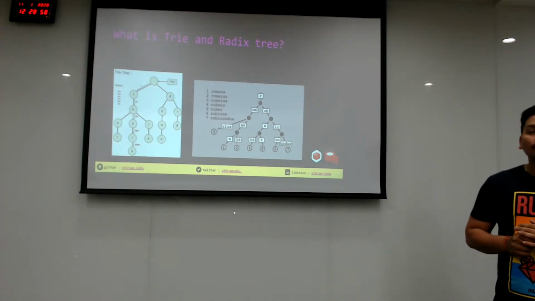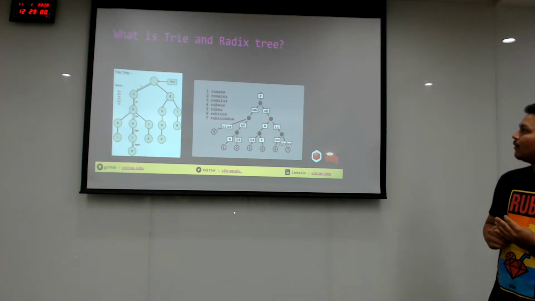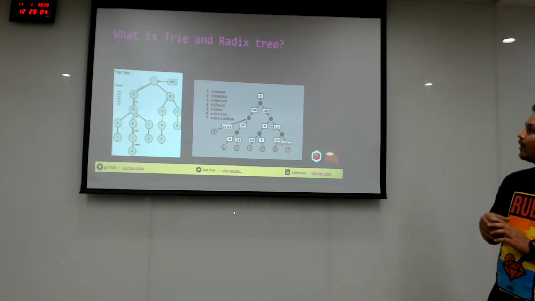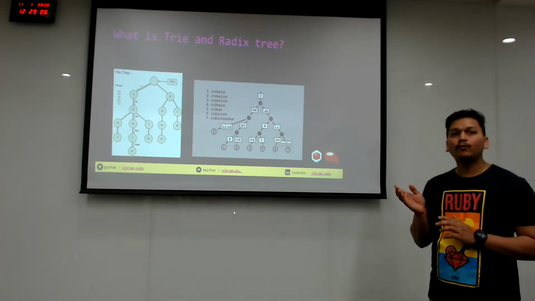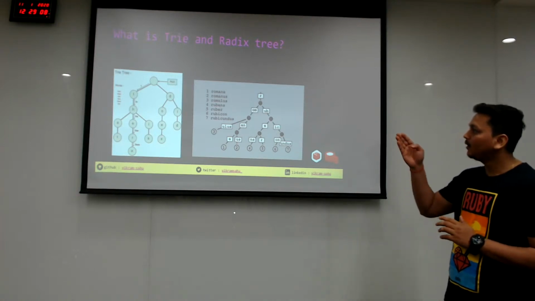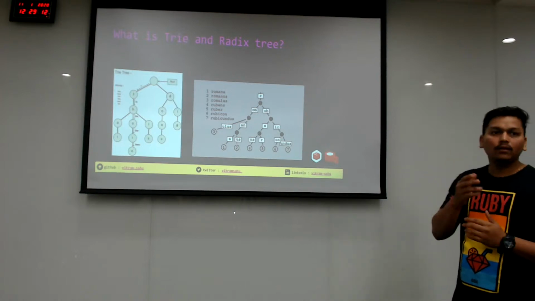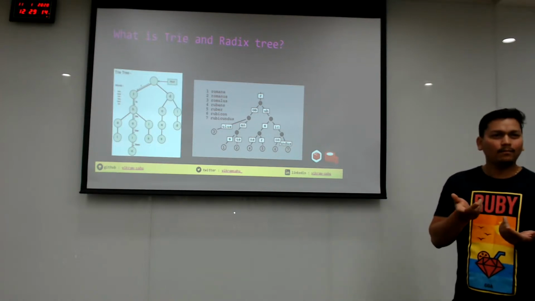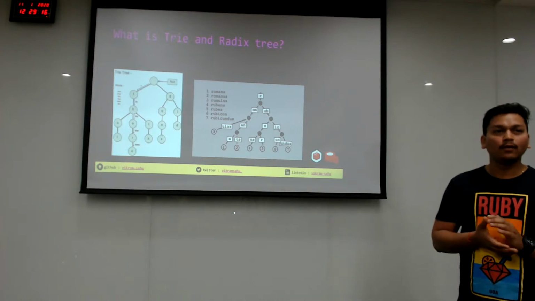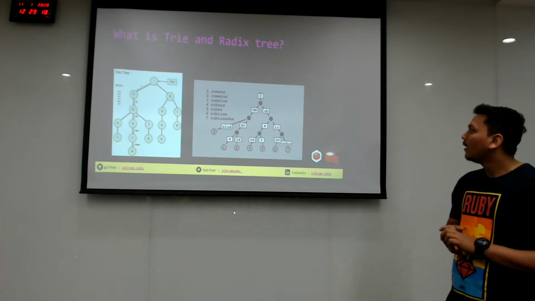When I search in a trie tree, it will traverse each node, so the complexity will be O of n.